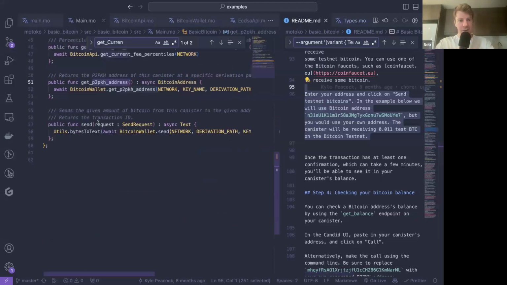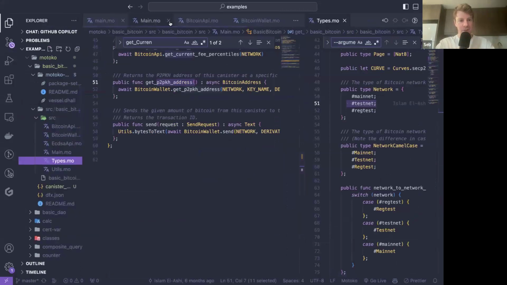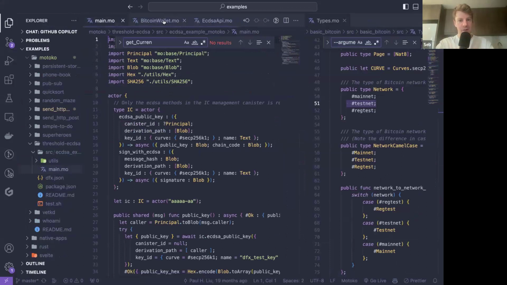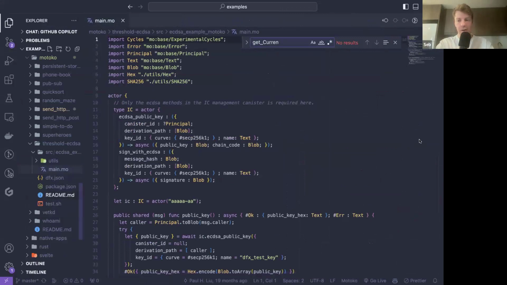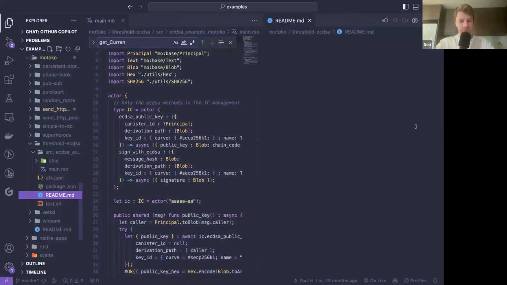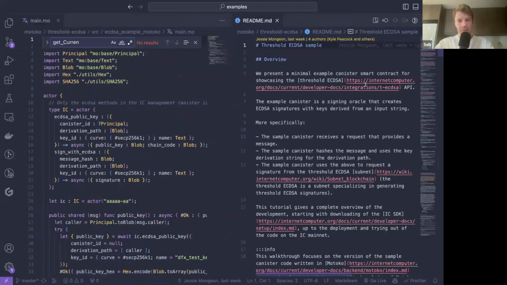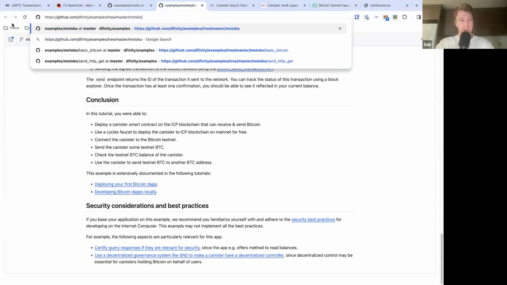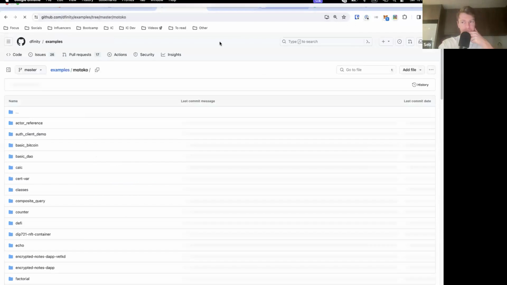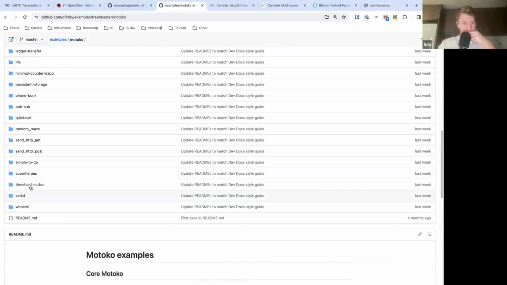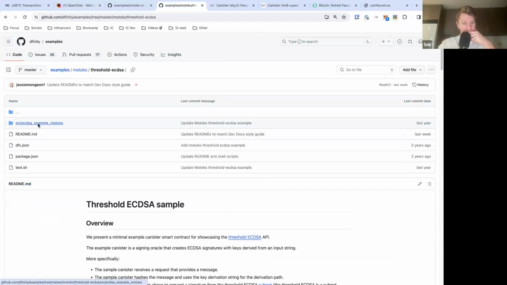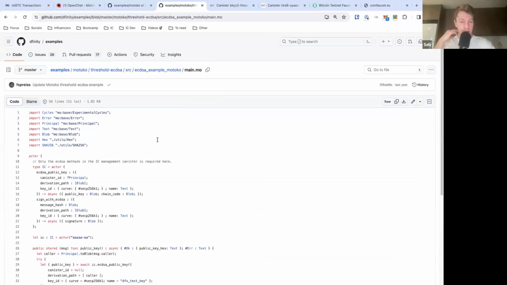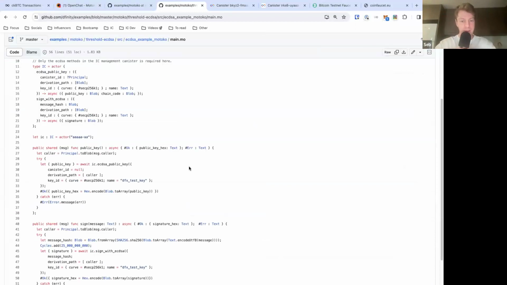Now, the second example was this one. The second example was a threshold ECDSA example.